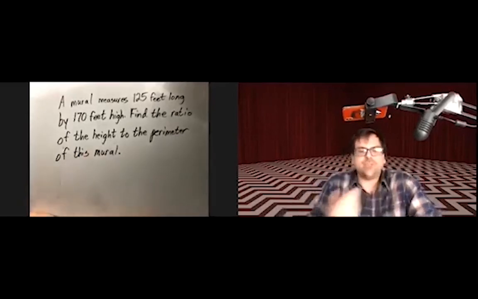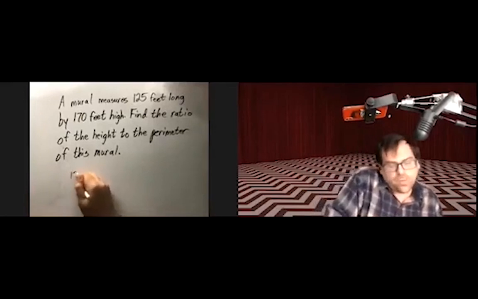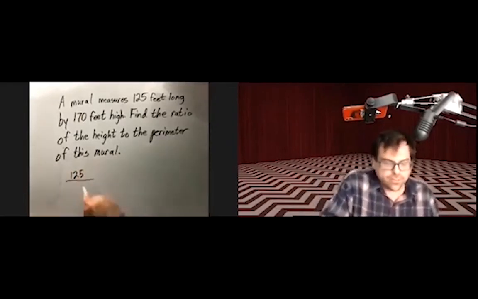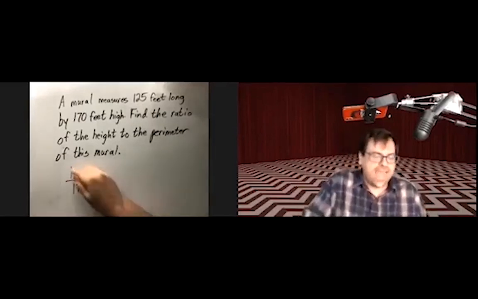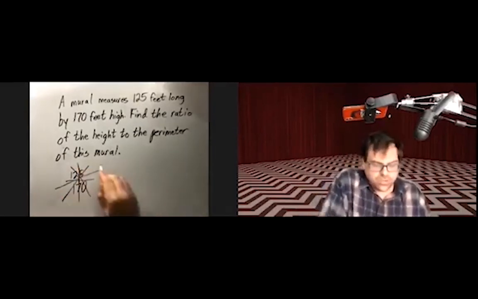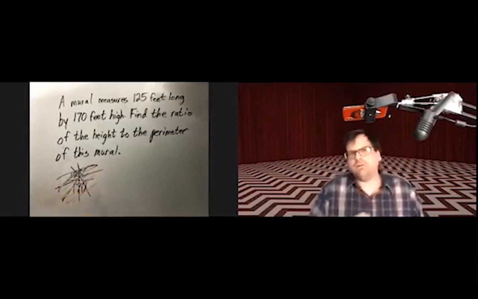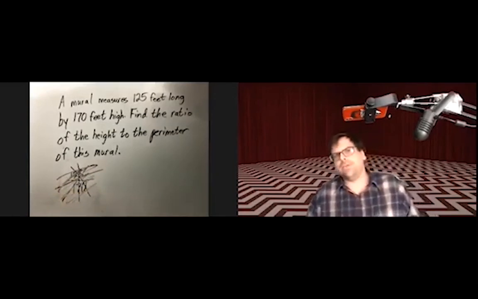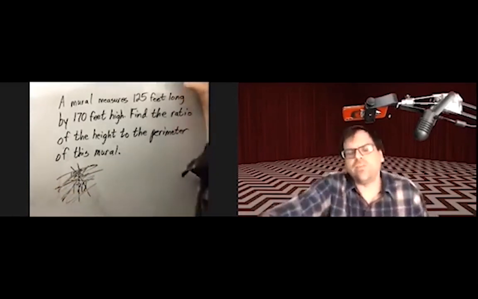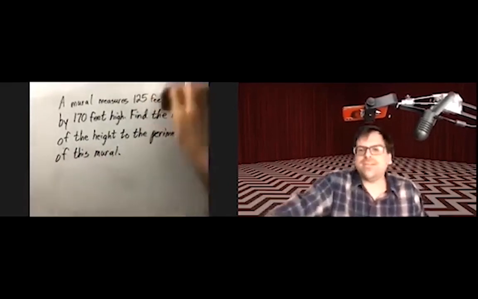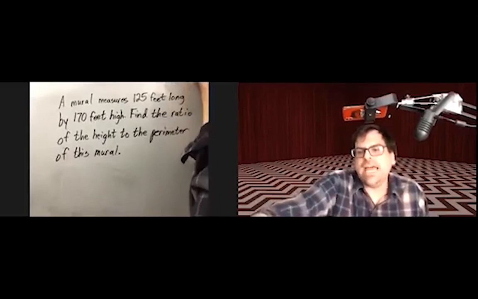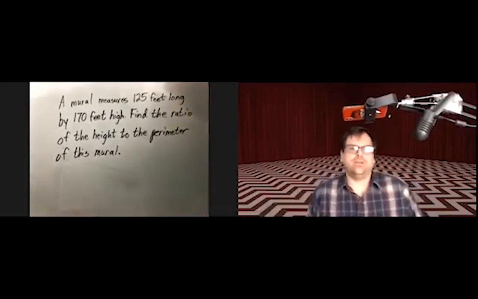So if you see the 125 and you want to write 125, and then you see the 170 and you want to write the 170 and you reduce from there, that is wrong. Don't do that at all. Step 1 of a word problem is read it. Step 2 is understand it. You need to have reading comprehension.